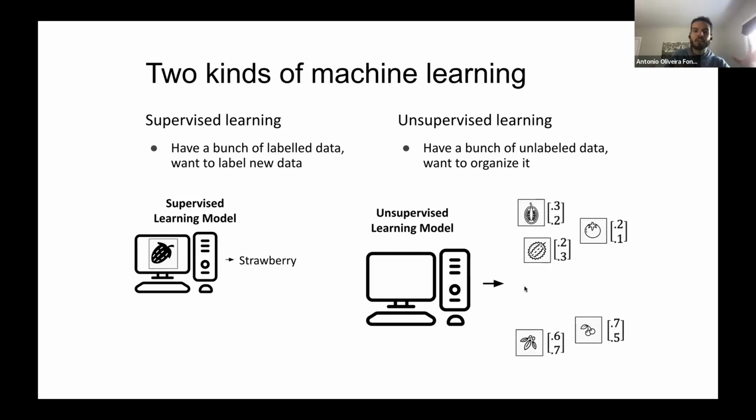If I keep doing that with enough samples, you're going to start seeing that the vector representations, after the dimensionality reduction from the original space to this low dimensional space, actually start to show some degree of clustering. You see that, for example, this 0.6, 0.7 is closer to the other cherry, 0.7, 0.5, than to the other fruits that I got as input.